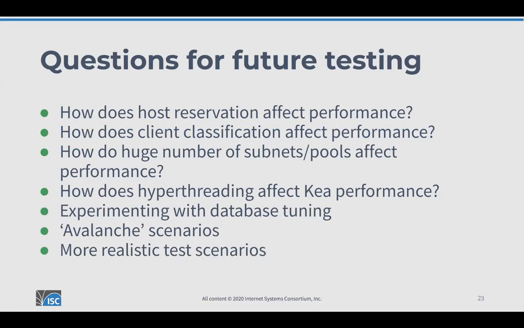Our future testing plan is to have basically more real-life scenarios. Add host reservation, client classification, change the number of subnets, number of pools, how a huge number of subnets affects performance, experimenting with database tuning, also the hyperthreading effect that I mentioned before, and avalanche scenarios that Eddy mentioned.